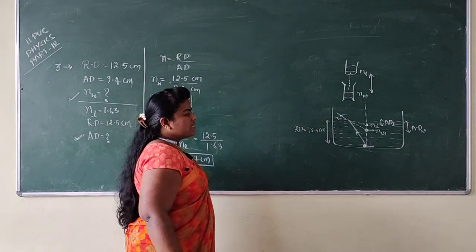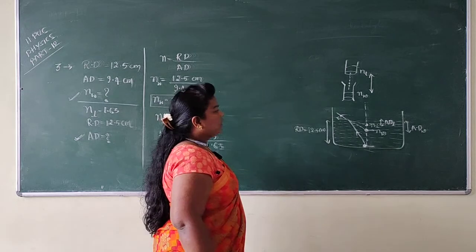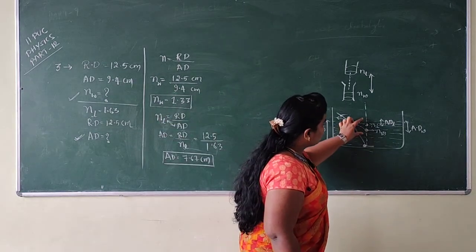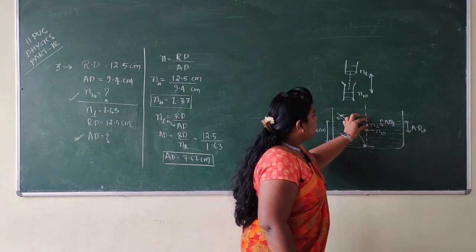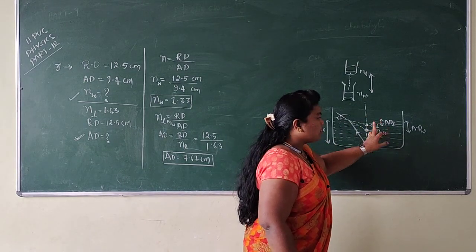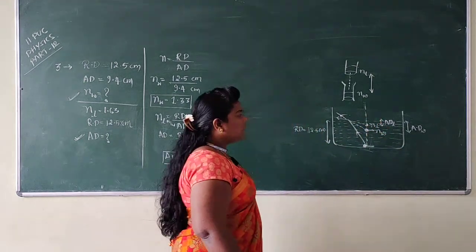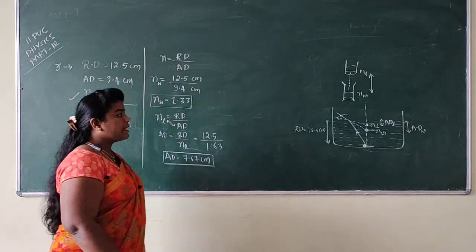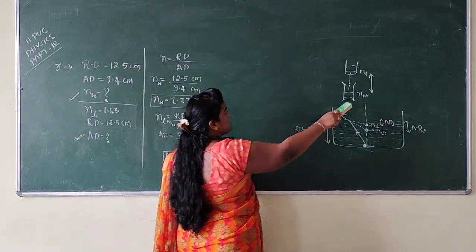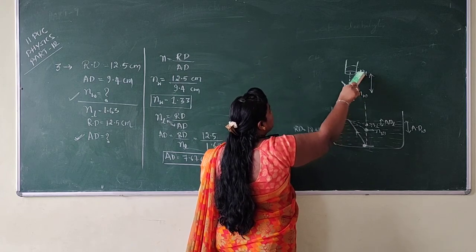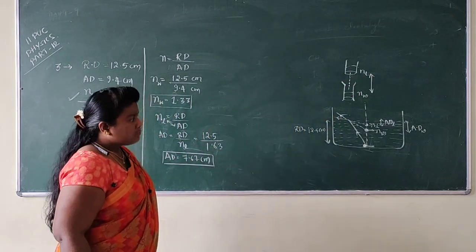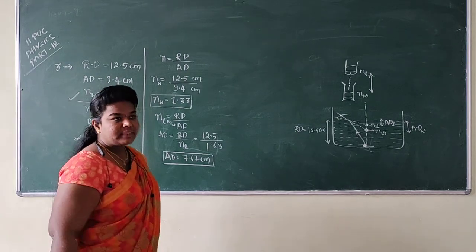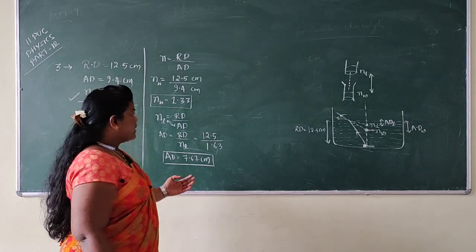So dear students, it is very easy if we just subtract the apparent depth we got for the liquid from the apparent depth we got for the water. What do we get? We will get the distance between the position of the microscope when we fill the tank with water and when we fill the tank with liquid. So let us do that.